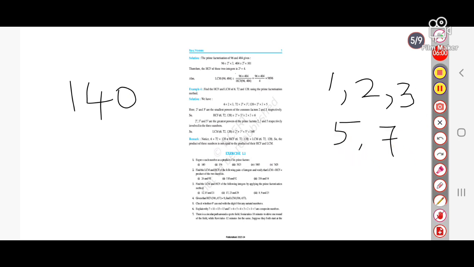Taking 140 into account, we need to express it as a product of its prime factors. The prime numbers, as we all know, are 2, 3, 5, 7, and it goes on. So 140 should be expressed as a product of these numbers.